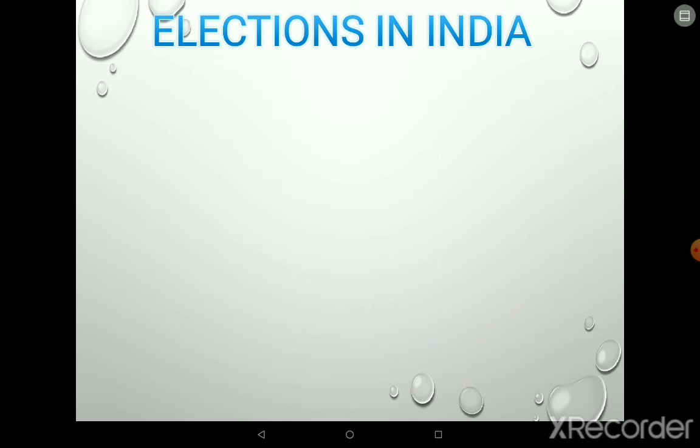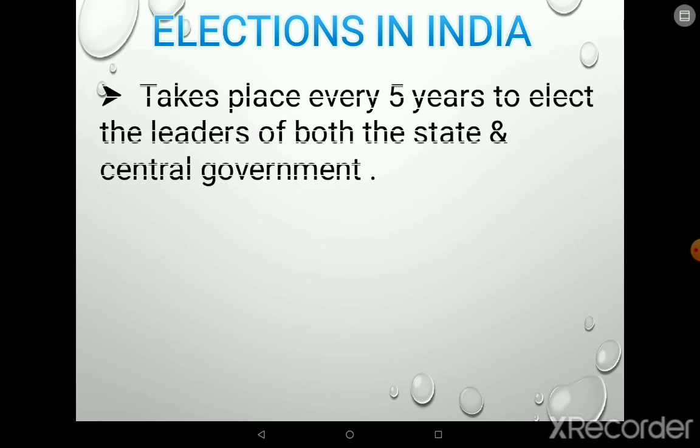We'll see now how the elections in India are held. In India, elections take place every 5 years. Means after every 5 years, the elections are held to elect the leaders for both the state and the central government.